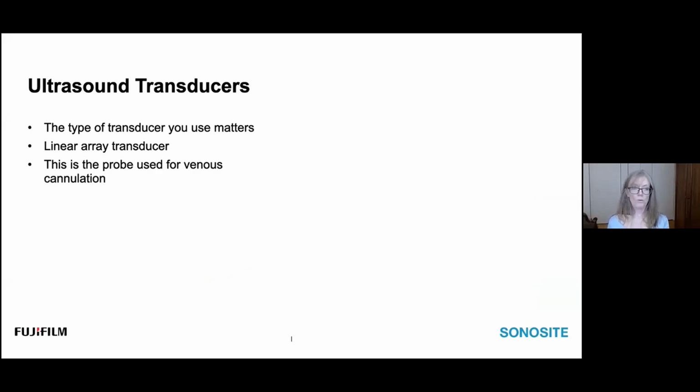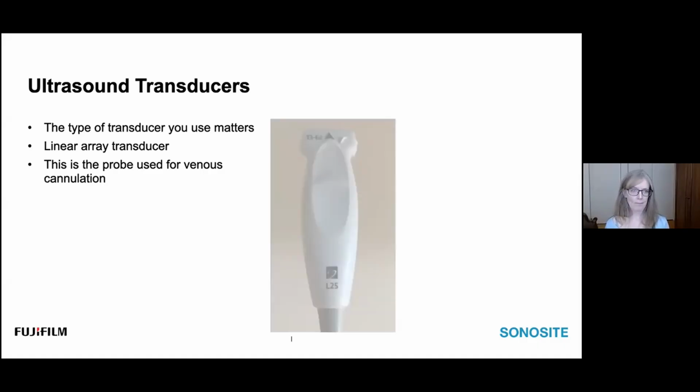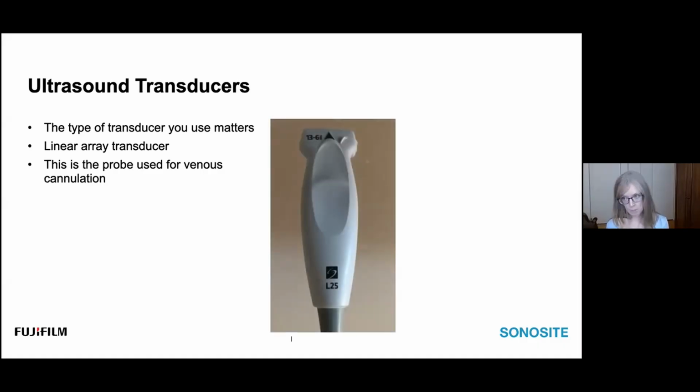And this is the probe used for venous cannulations. So not only does it get used for cannulating arm accesses, but you might find some of the doctors in your practice might use it for cannulating femorals or jugular veins. This, of course, is an image of the transducer we use in my unit.